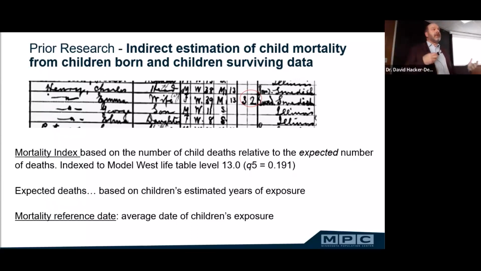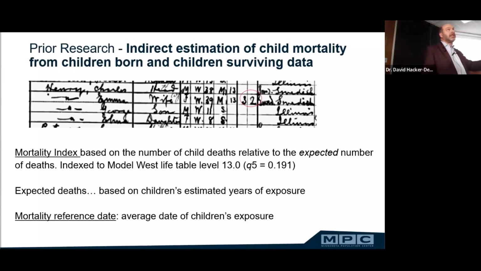Well, you have to estimate how long the children have been exposed to risk. That requires some measurement of age-specific fertility rates, and to get some kind of sense of exposure to produce the expected. I'm not going to show you the equations. They're complex, but they're simple to implement. And they also produce a mortality reference date, the average date that a woman's children experience the risk of death.